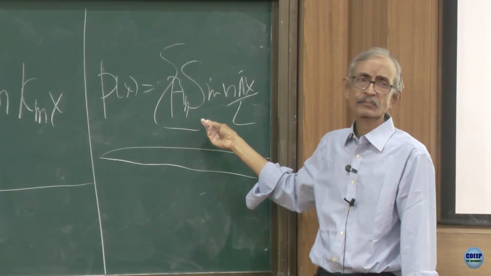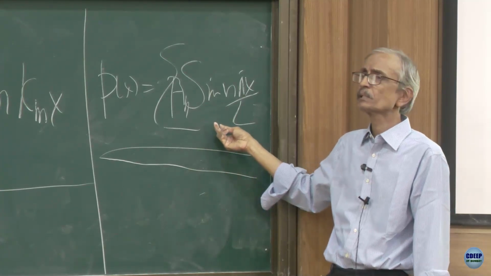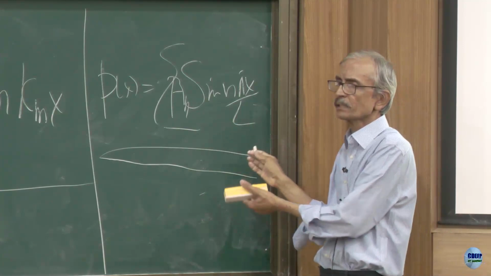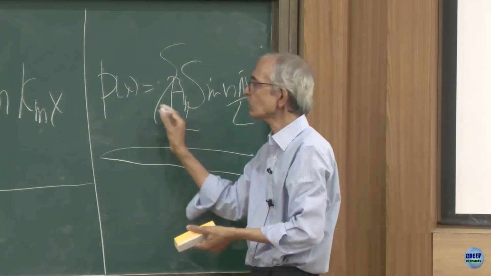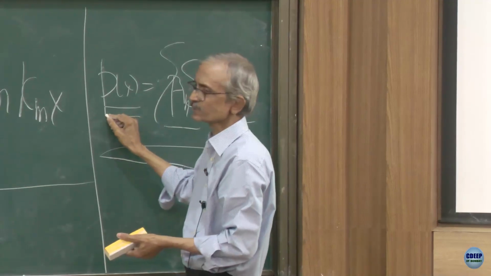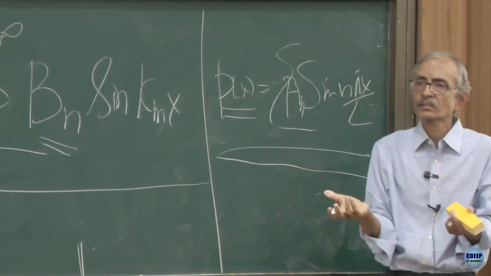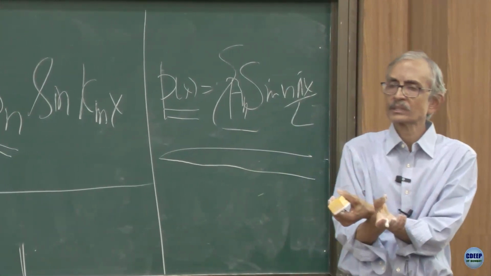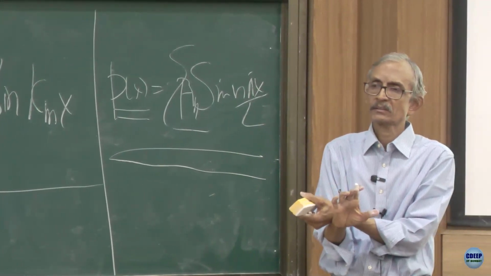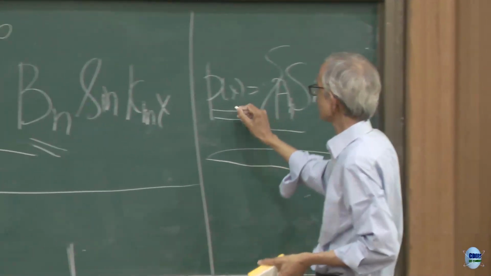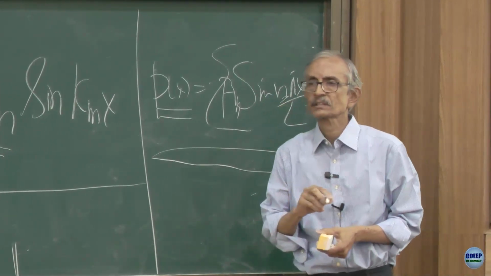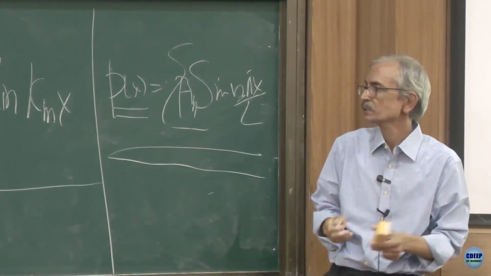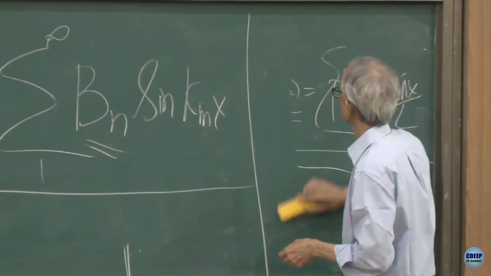We multiplied by sine of m pi x by L and then we obtained the values of An, or we expanded this guy in terms of the sines and cosines, which were orthogonal. The sines and cosines are orthogonal when this guy is a constant, some integer value.